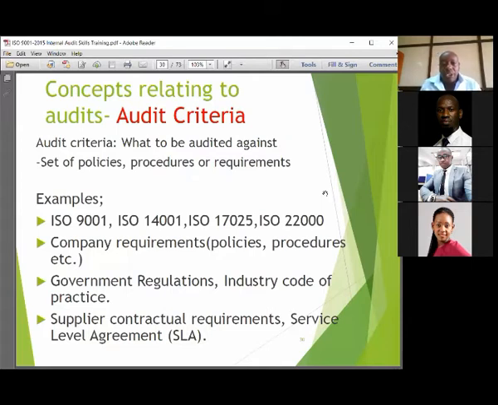But there are times when you can just audit on government regulations alone. You can decide to do that, and it's allowed. But for our internal audit, main audit criteria will be ISO 9001, followed by company requirements and government regulations. All of them will be audited at once.